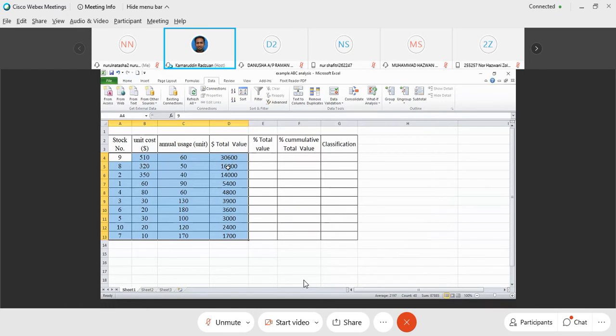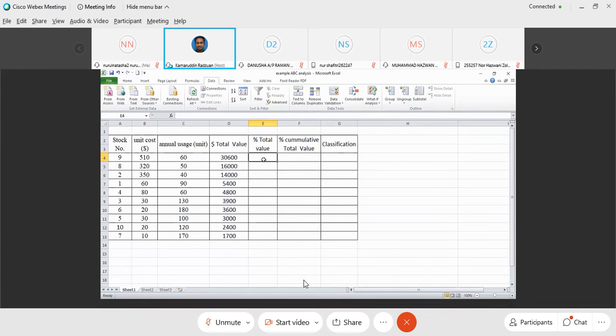So this is how we do the sorting process, and after that we need to calculate the percentage of total value for each stock number, for each component in the inventory.